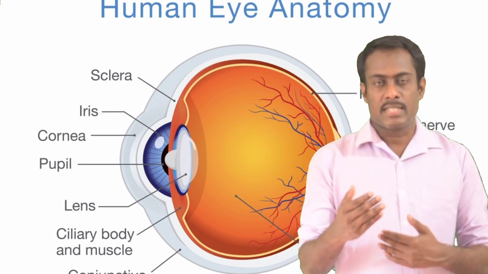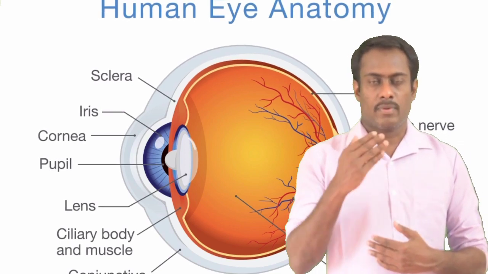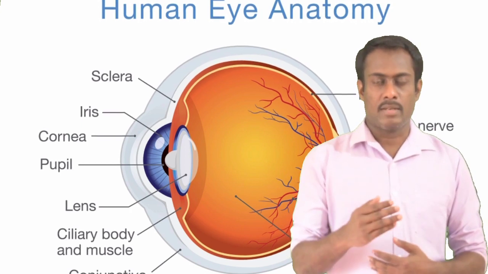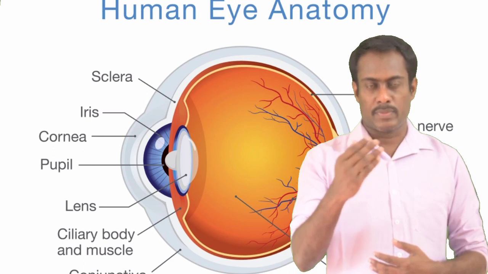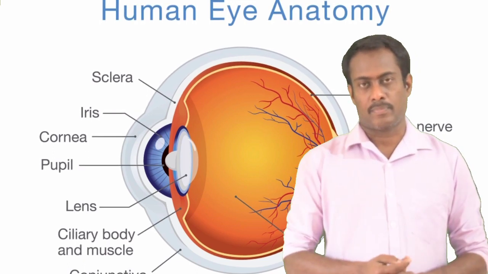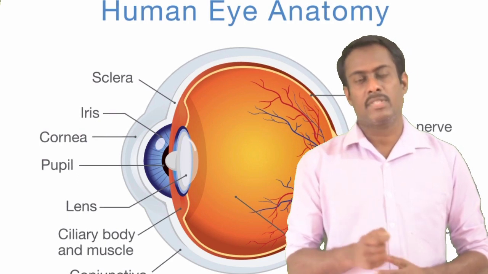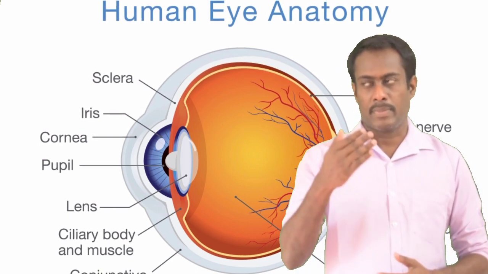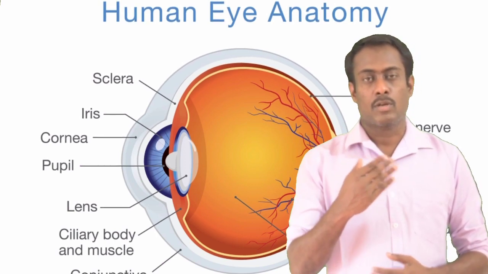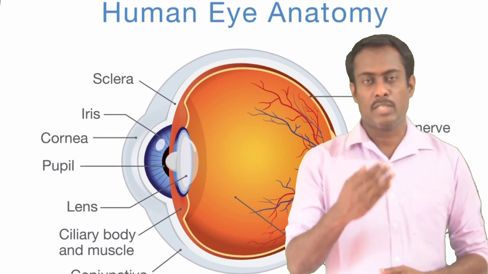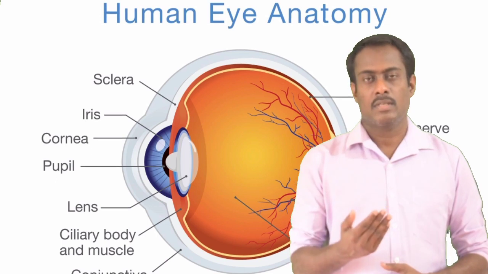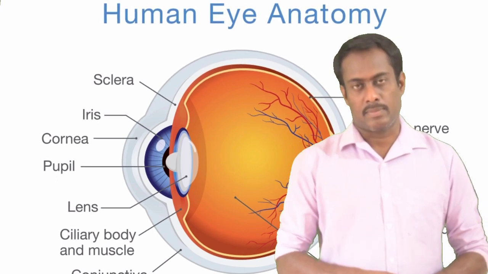The closest distance of the object from the eye at which the human eye can form a clear image of that object is called the least distance of distinct vision, which is normally 25 centimeter. That means an object closer than 25 centimeter may not be visible clearly, or the image of that object cannot be produced clearly by our eye.